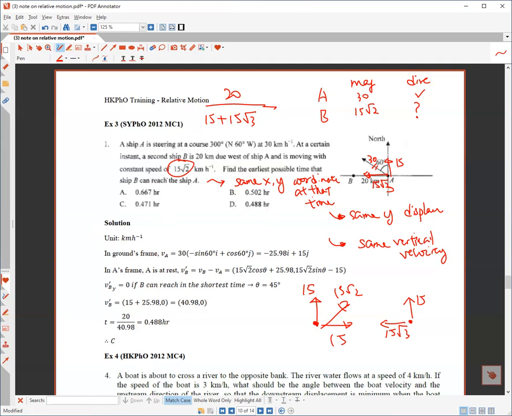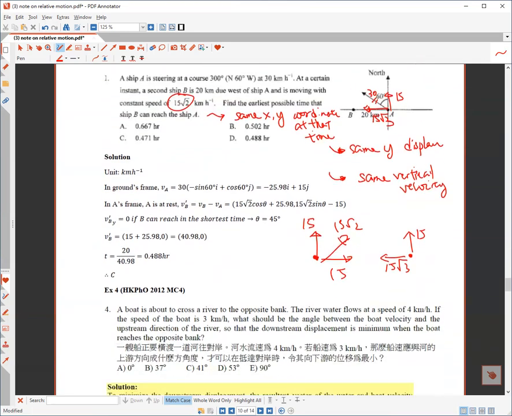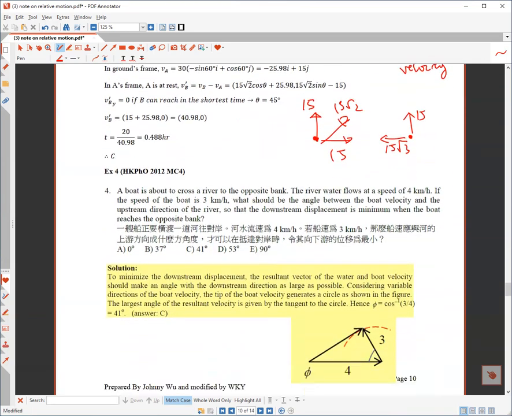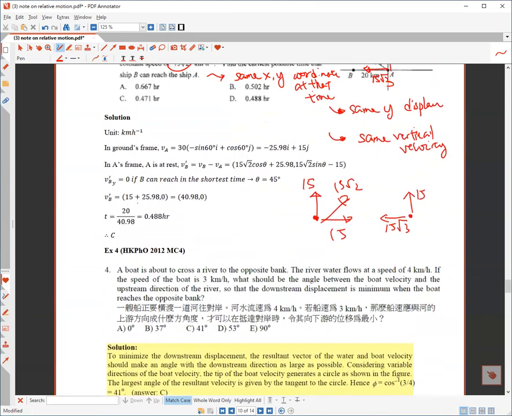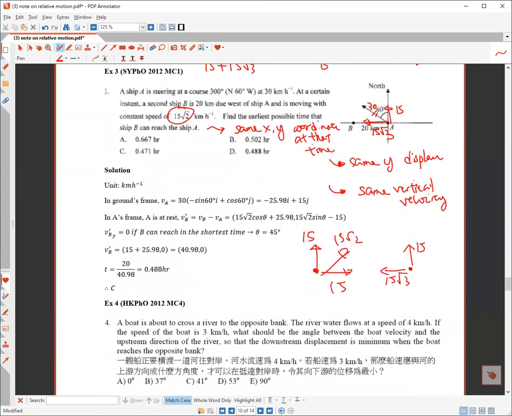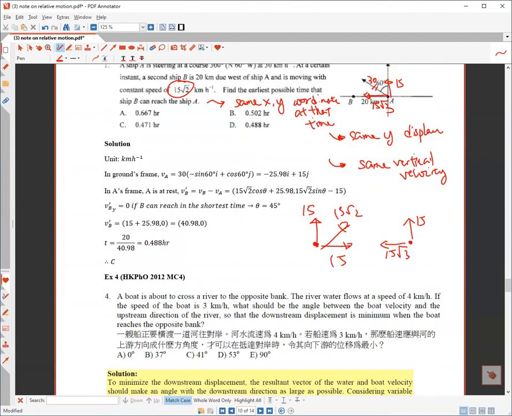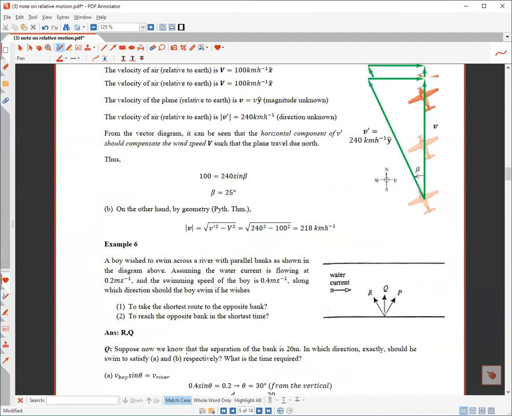Okay, then I think I get the answer C. Then maybe let's have a look at the next one. So this is about the water flow and the ship. If you still remember, we have done this question before already, but in that case, the swimming speed is larger than the water flow speed.